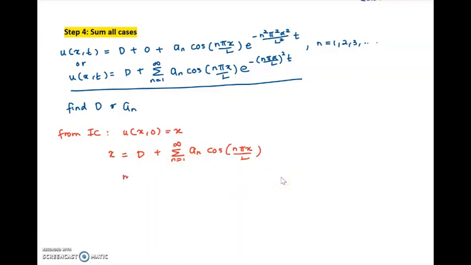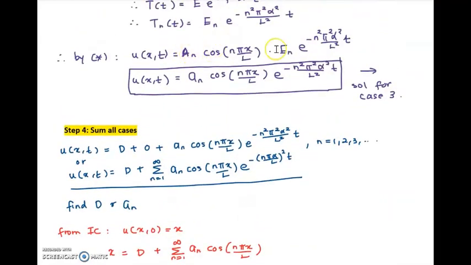We need to map this to the Fourier series, because for the case of an even function, f(x) is given in the form f(x) equals a naught over 2 plus the summation from n equals 1 up to positive infinity of a_n cos(n pi x over L). This is what we have in the Fourier series. That is why, in the first place, I denoted our constant here to be the small a_n.